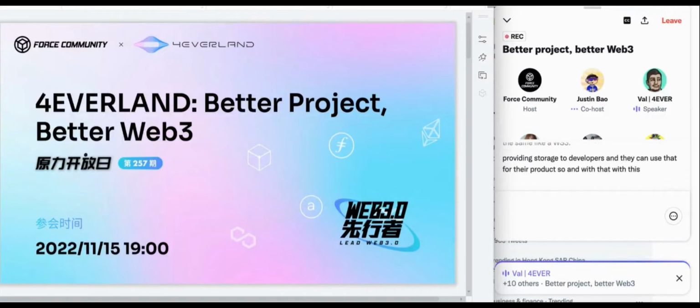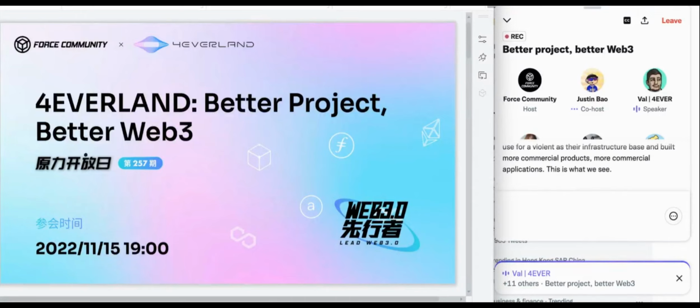And with these two services, at this stage we are helping developers, as I said, move smoothly from Web2 to Web3. In the future we are planning to open source the upper application layer, in order to make more developers come to 4EVERLAND, use 4EVERLAND as their infrastructure base, and build more commercial products and applications.